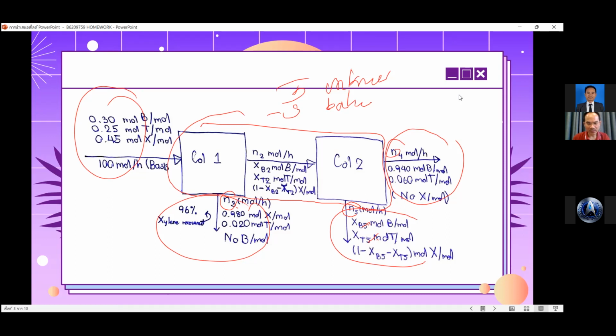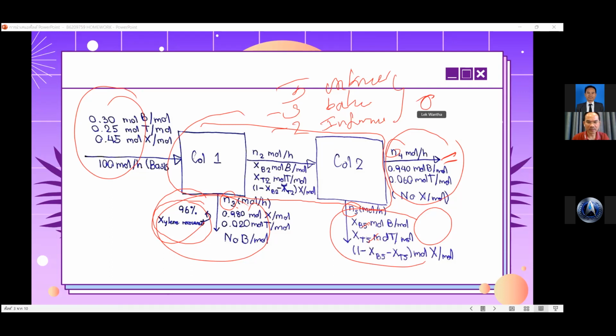And also we know information like 96% recovered, and also you know the recovery of benzene at the top of the column. You know two pieces of information: the recovery at this one and the recovery at this one. Then we get 0 degrees of freedom.